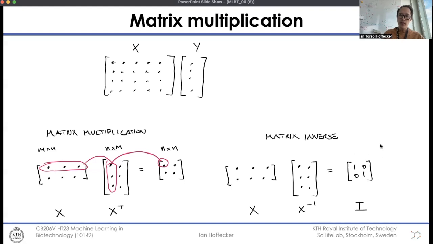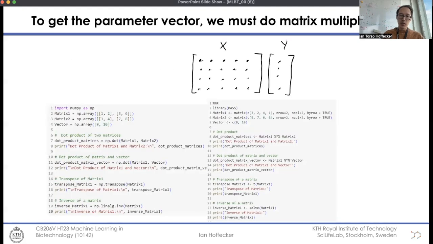So this is how these are done in theory, but in practice, we're going to use the computer to do these. I've made a little guide here, one for Python on the left and one for R. This is going to show you the commands that we would need to enter to perform, for example, a matrix multiplication, the dot product here, between two matrices, or a matrix and a vector, and to compute the transpose as well, or to compute the inverse.